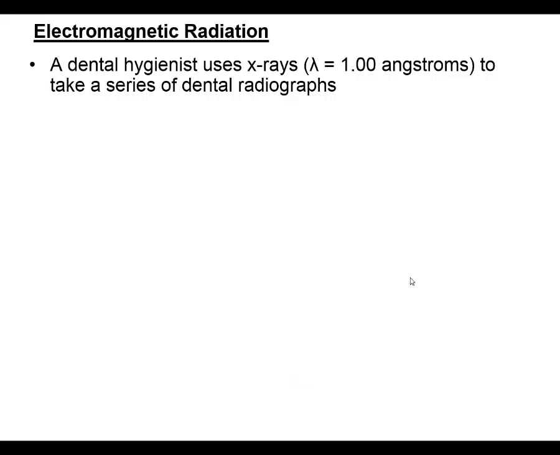My speed of electromagnetic radiation, which I should memorize as a constant, is 3.00 times 10 to the 8th meters per second. Since this is in meters per second, I want to convert all of my wavelengths to meters. So I need to convert the angstroms to meters. That's the very first thing I'm going to do.